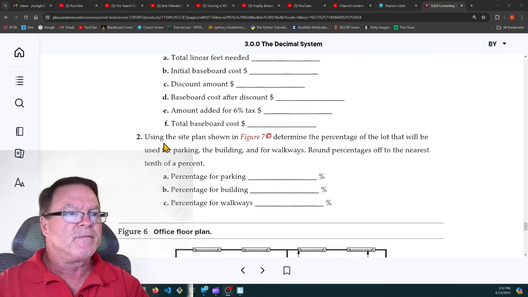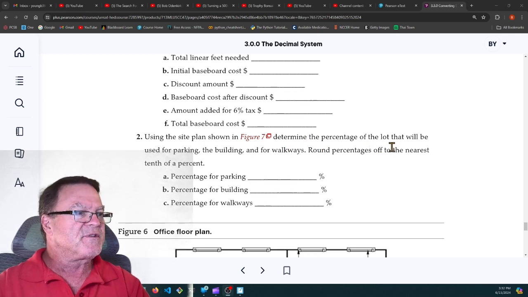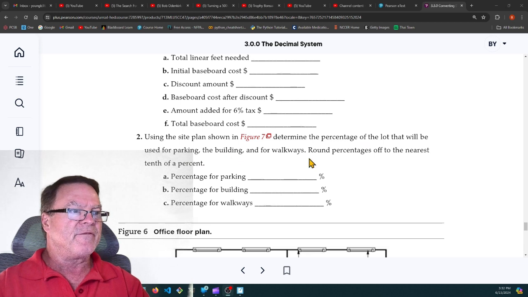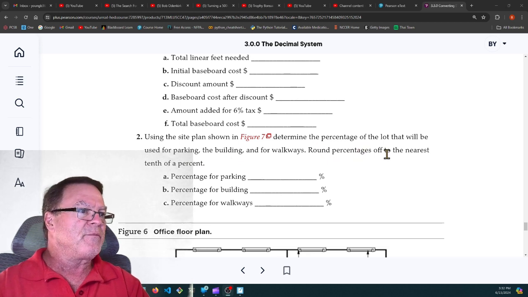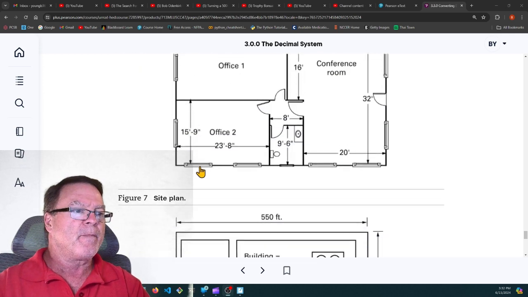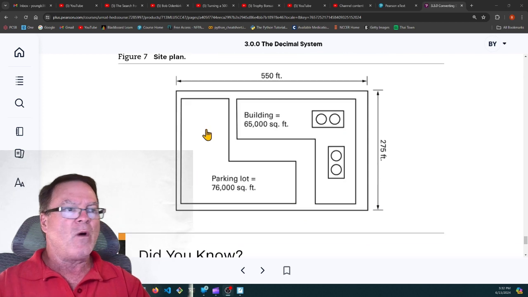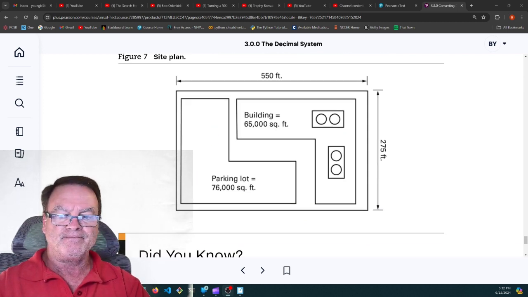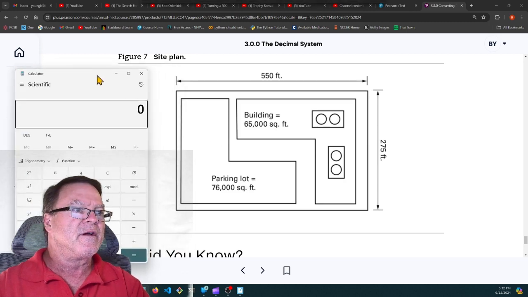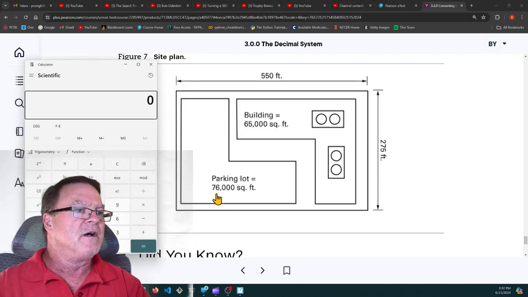Now, question 2 says, using the site plan shown in figure 7, determine the percentage of the lot that will be used for parking, the building, and for walkways. Round percentages off to the nearest 0.1%. So here's how I did it. I used my calculator to find the area of the lot.